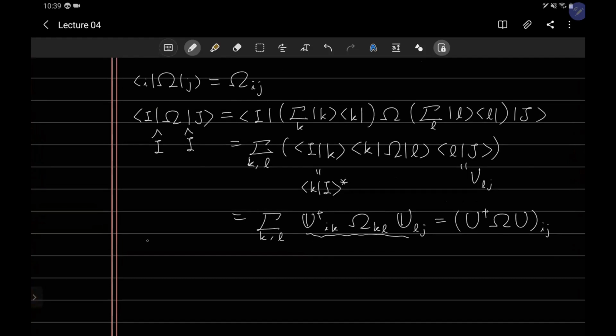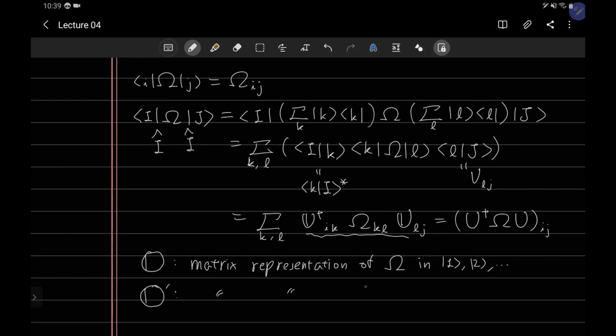So if we want to think about the matrix form of this operator omega, then we can use a notation something like this, and this is the matrix representation of omega in the original basis, and then assume that we represent the new representation of the same omega in a Roman numeral basis, something like this.